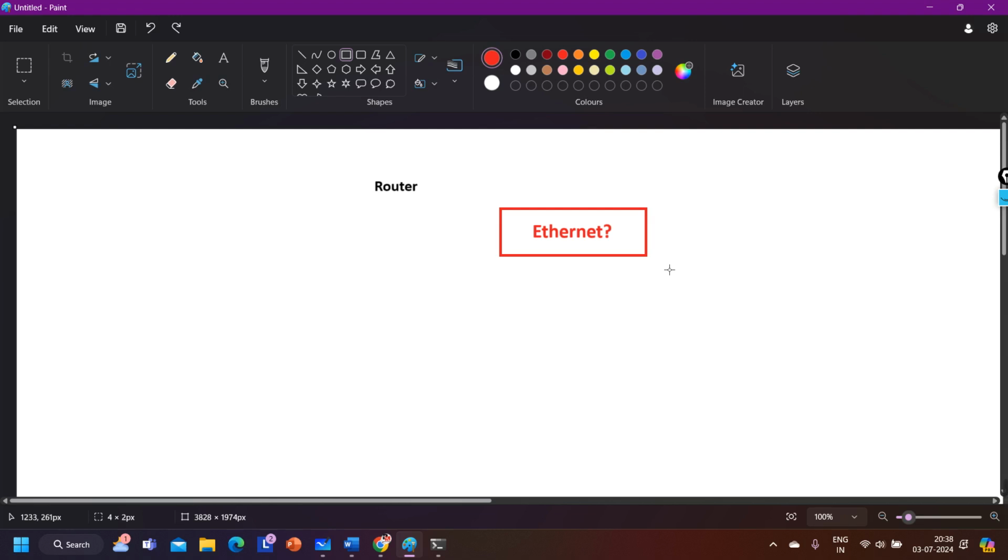Getting my point? So Ethernet is something related to connecting devices together. So tell me if anyone knows anything guys about Ethernet. No one? Anything guys? No?